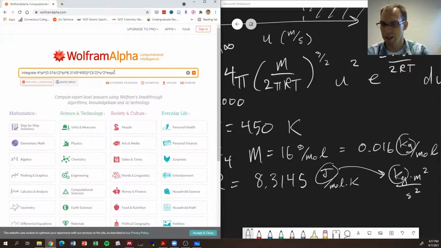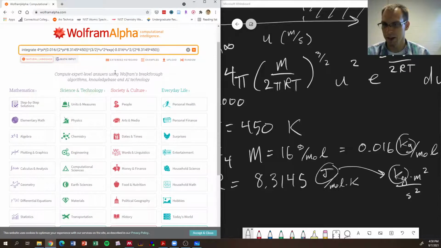So exp minus 0.016 times u squared divided by, and we put all this in parentheses again, 2 times R 8.3145 times T 450, close parentheses again. Okay, and I do have a negative sign there.